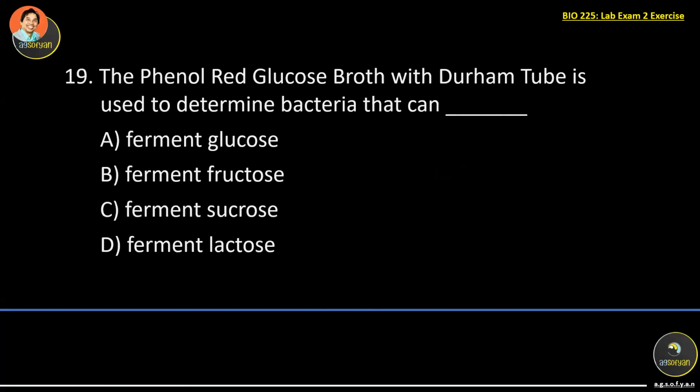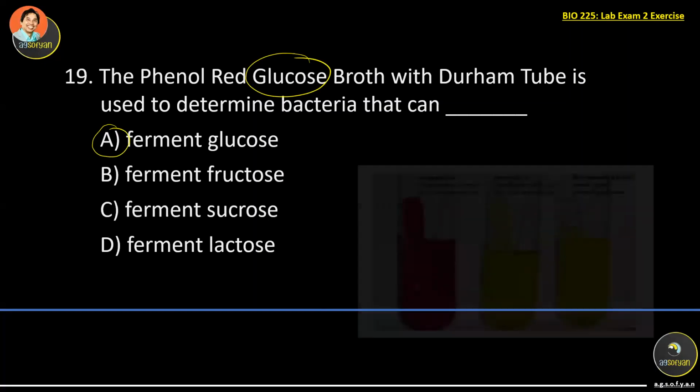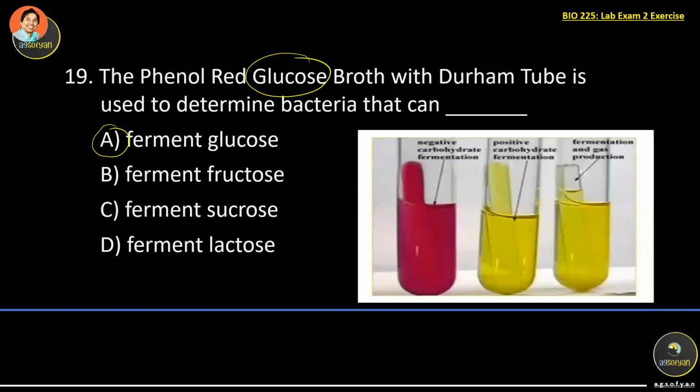The phenol red glucose broth with Durham tube is used to determine bacteria that can A, B, C, or D. Choose your answer. It's used to determine bacteria that are able to ferment glucose. It's actually mentioned over here. So this is the result.